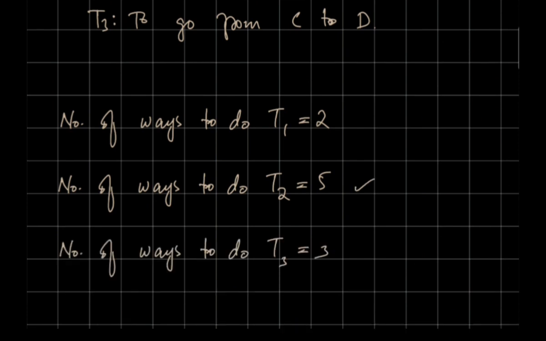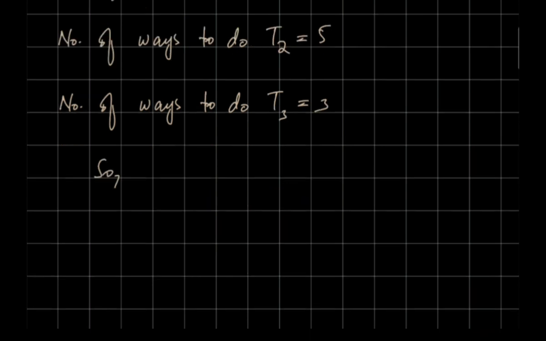The number of ways to do task T3 is 3. So the number of ways to do the whole task T can be found by using the product rule of counting or multiplication principle.